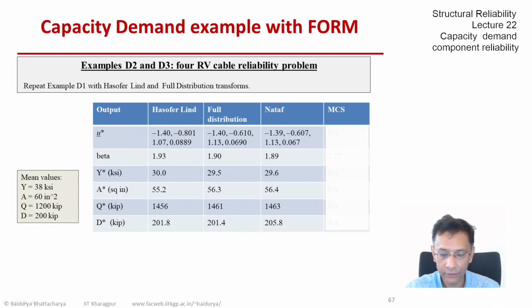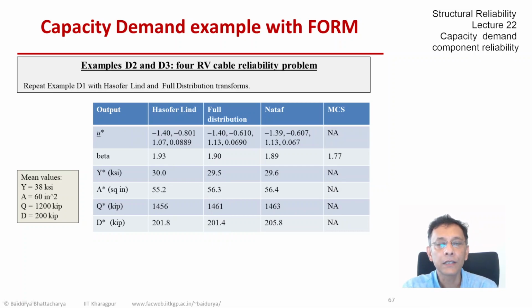If we can find the true value, and hoping that Monte Carlo simulation gives the right result, backed by the law of large numbers, we have also solved this by Monte Carlo simulation, and the result is a slightly lower reliability at 1.77. So if that 1.77 value is right for the reliability index, then Nataf is definitely closer to that compared to Hasofer-Lind and full distribution.